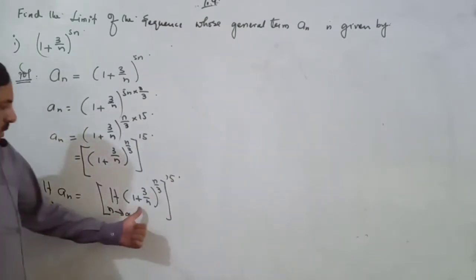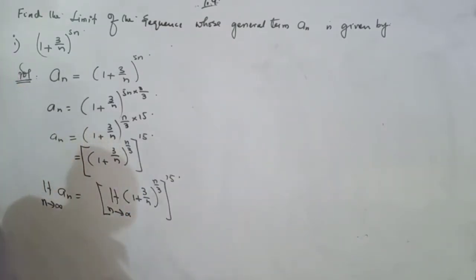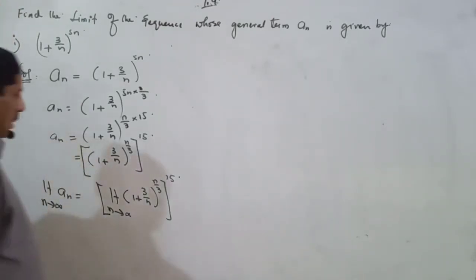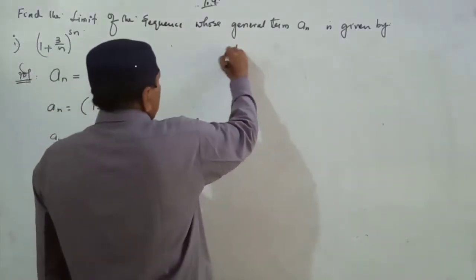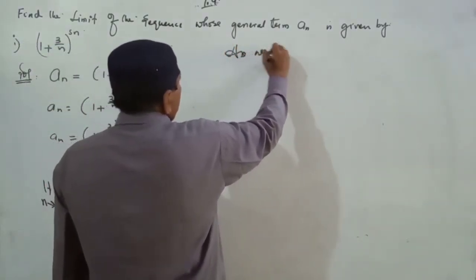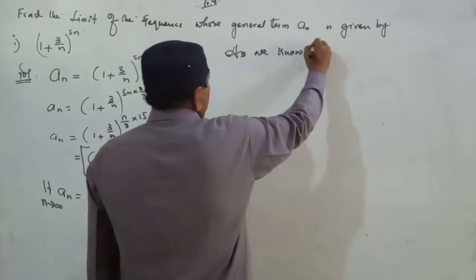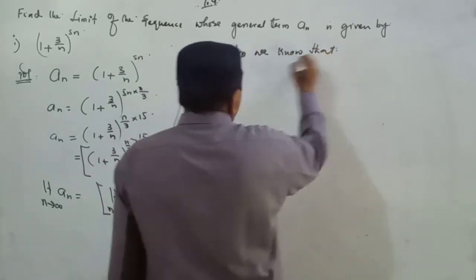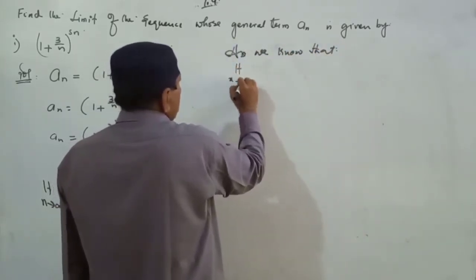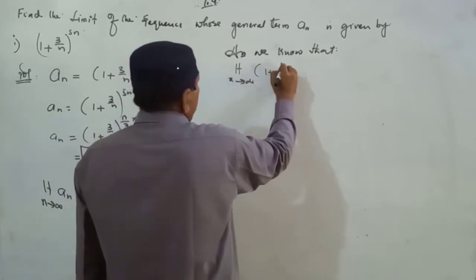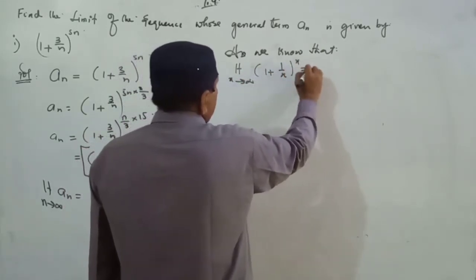Now this is the theorem. As you know that, limit x tends to infinity (1 plus 1 upon x) power x is equal to e.